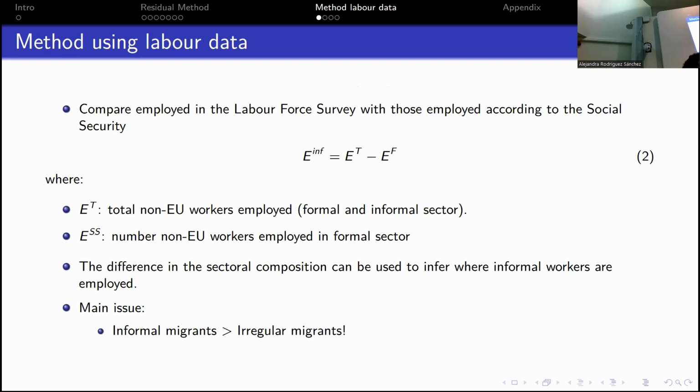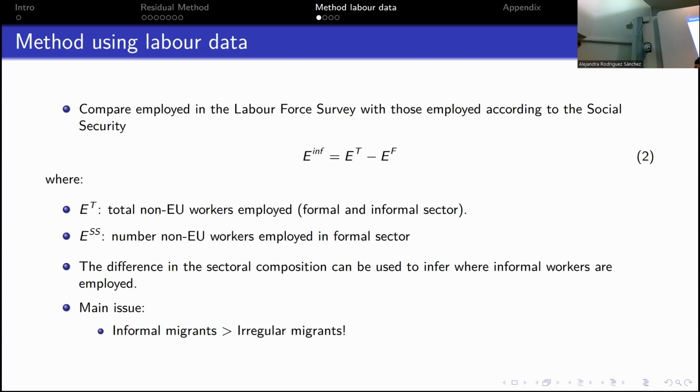What I'm doing now is comparing two numbers: the number of non-EU migrants that are estimated to be working according to the labor force survey, which is the ET, and the EF, the number of non-EU migrants that are working in the formal sector according to the social security.